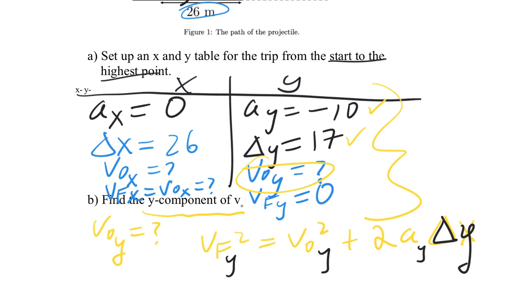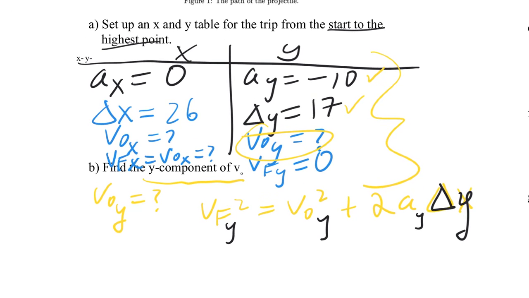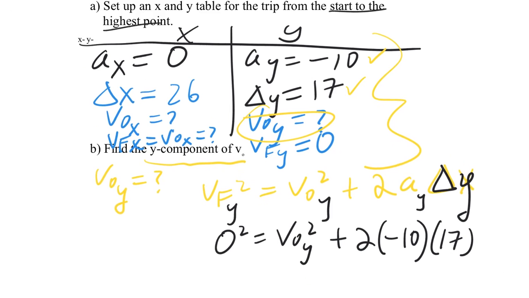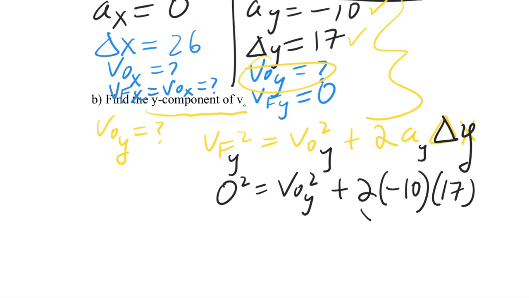Okay, so let's plug in our values. 0 squared equals VOY squared plus 2 times negative 10 times delta Y, which is 17. Working this out, 2 times 17 is 34, times 10 is 340.